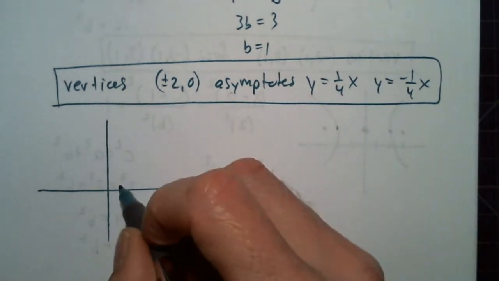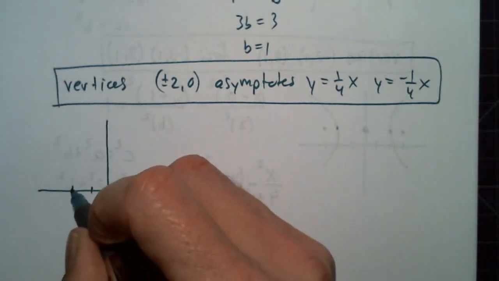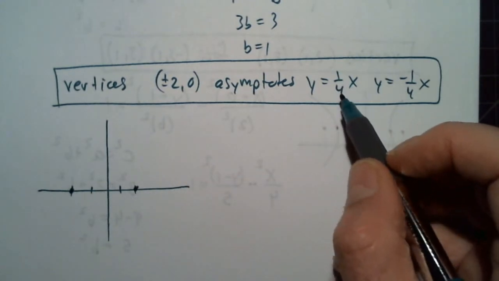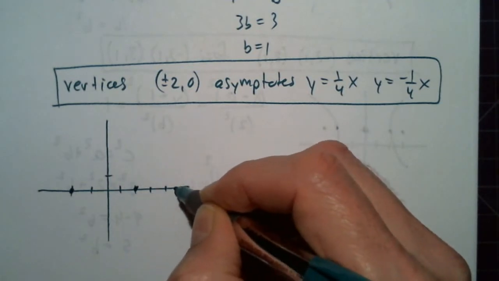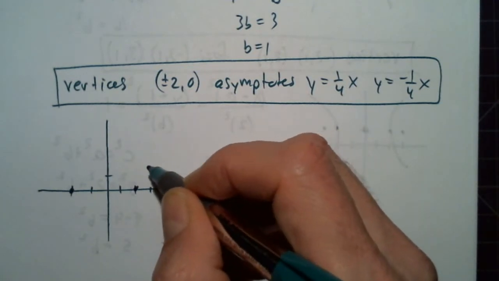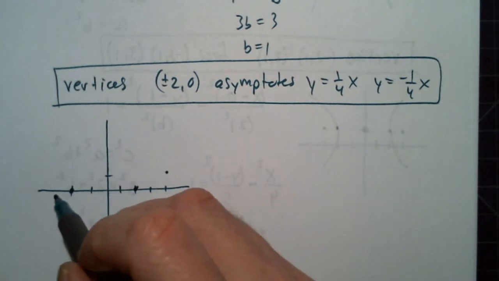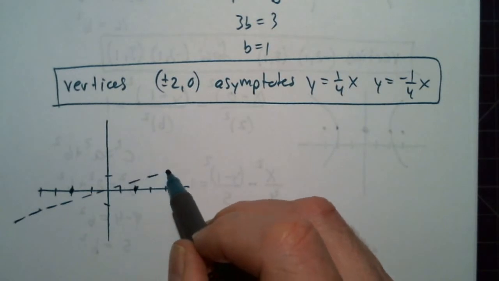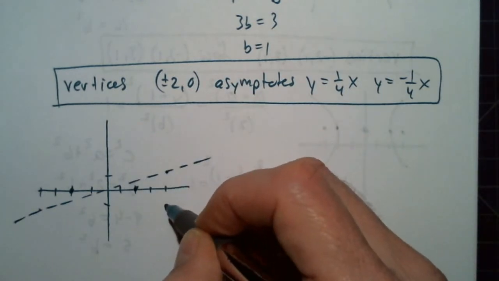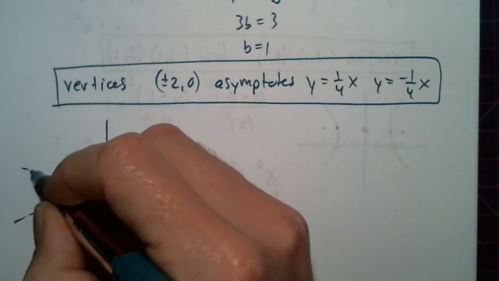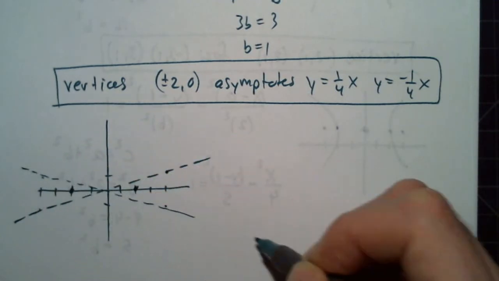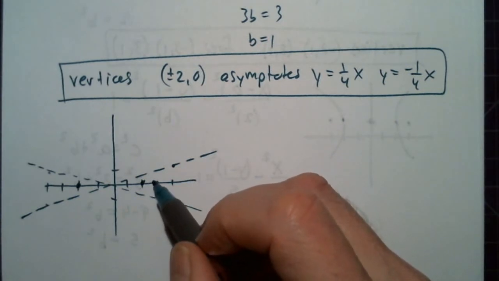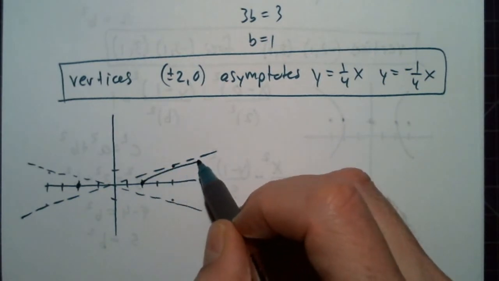Alright, vertices at 2 and negative 2, asymptotes, slope of 1 over 4, up 1 over 4, and so the hyperbola must be inside here.